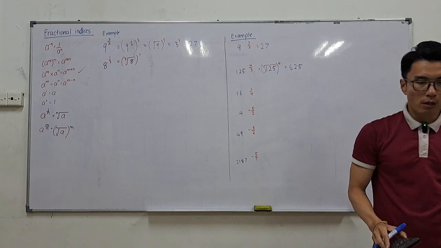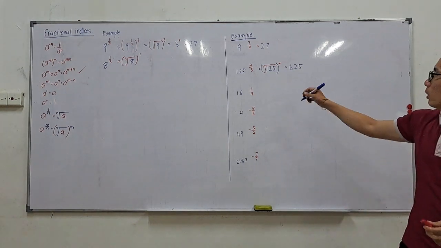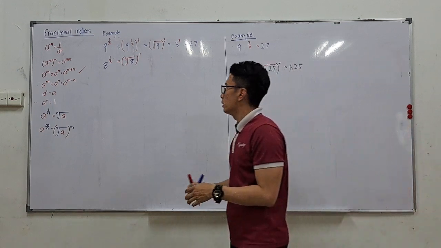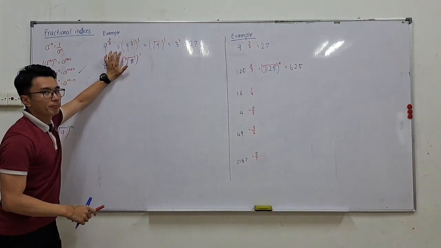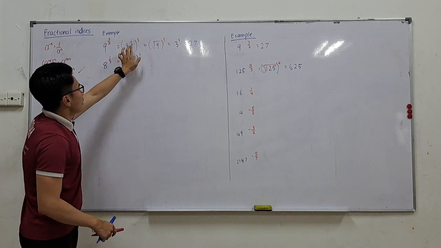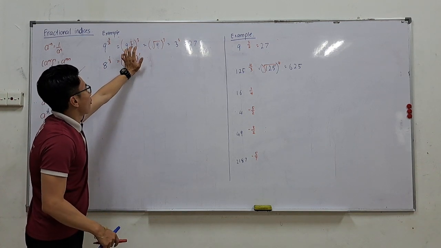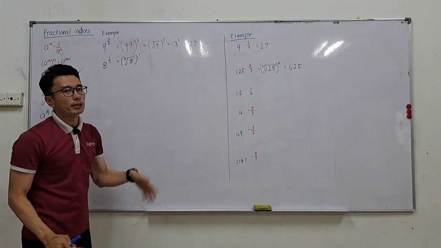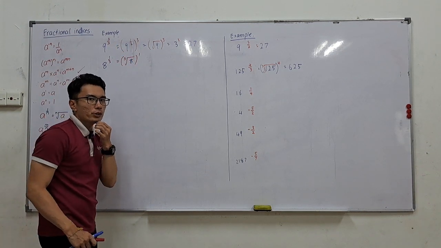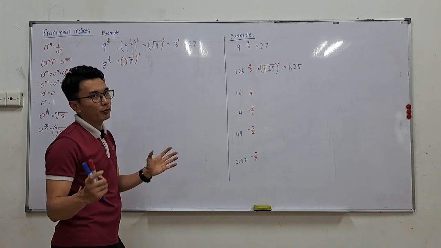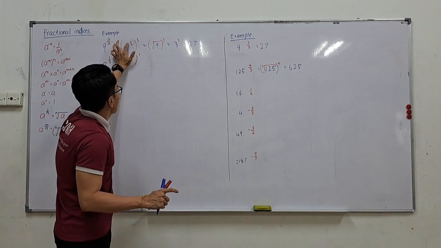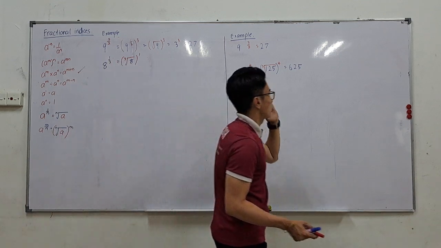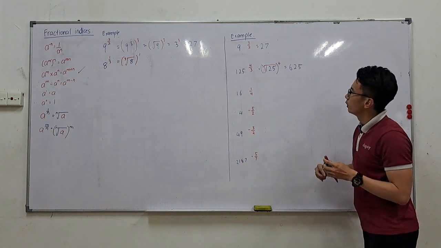Okay? Now, take a look at this again, same example. I'm going to do something different over here. If you notice, when I factorized this out, I factorized the denominator first and I put the numerator inside. Well, actually, can I do it the other way around? Can I factorize it out, put the numerator inside and the denominator outside? Let's try it out with this question over here, okay?